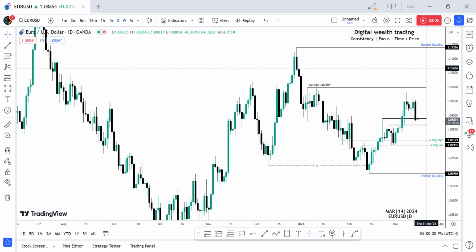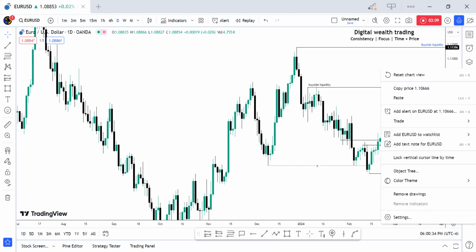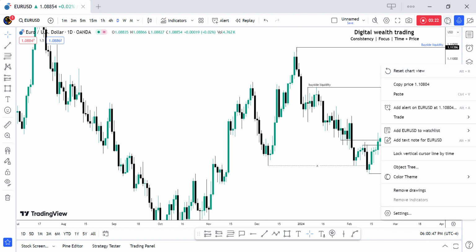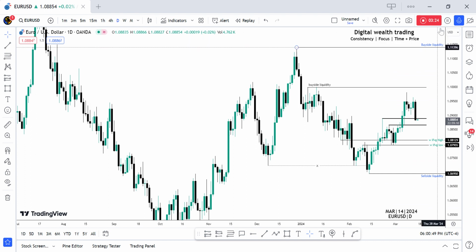All right. So I have this statement here which I want to read for you guys. The Euro US dollar daily contract for Thursday, 14th March 2024 delivered a large expansion lower, which also gave the highest expansion of the week, leading euro to price into the discount price.